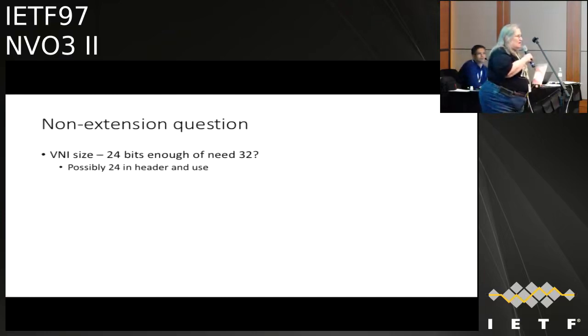I think basically at this point it'd be good probably to get some discussion on the list about the exact nature of the extensions and what data should go with them.